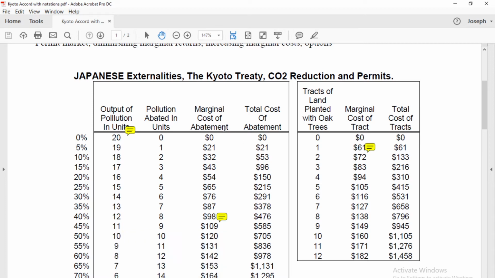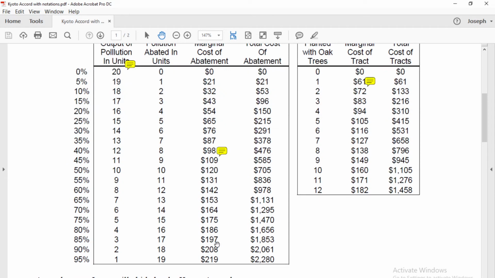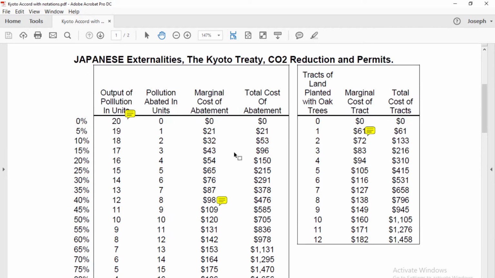And so what Japan has done is put the easiest, lowest cost abatements first, and the more expensive, high cost abatements down here. It's possible, but extremely expensive and inefficient, to reduce pollution down to very, very low levels. So they've ranked them from lowest to highest. That should make sense to you.